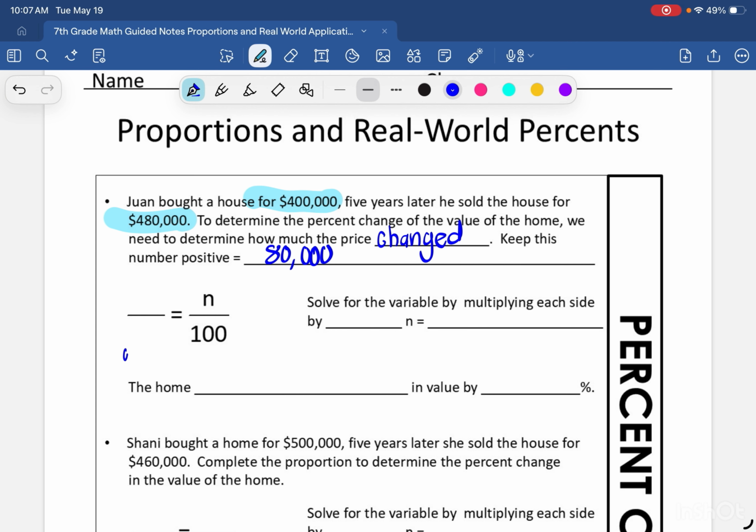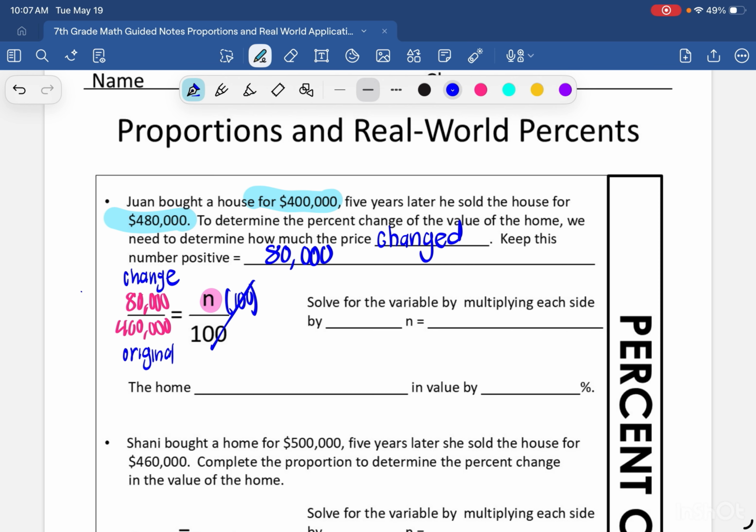My original price is going to go in the denominator, and how much it changed by is going in my numerator. The original price was $400,000 and it changed by $80,000. I'm figuring out percent change, so my variable is already in the numerator. I'm going to multiply each side by 100.